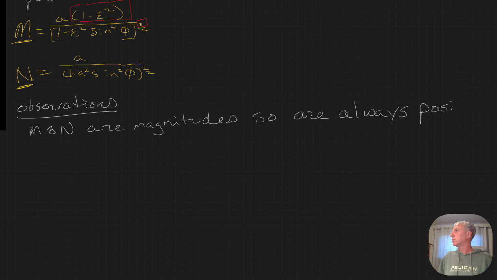So if you go through all the math and you come up with a negative number, first check to make sure your math's right. If it is, and you just have a negative where you should have a positive, just take the absolute value. It's a magnitude. That's part of the definition of a magnitude, that it's always positive. That's one observation.